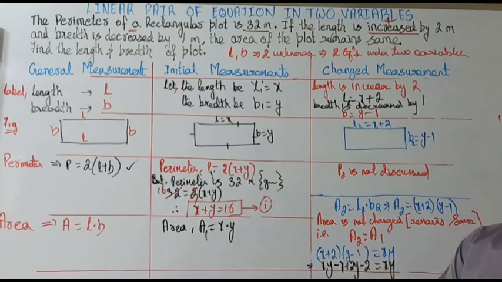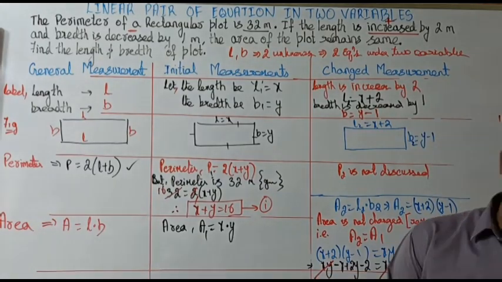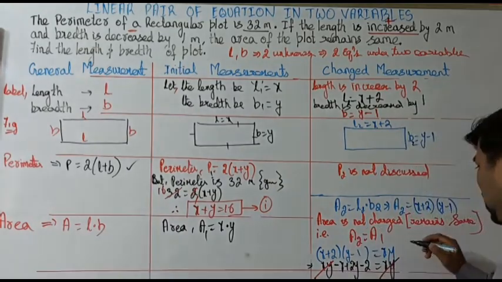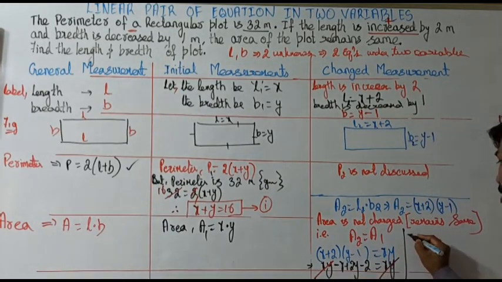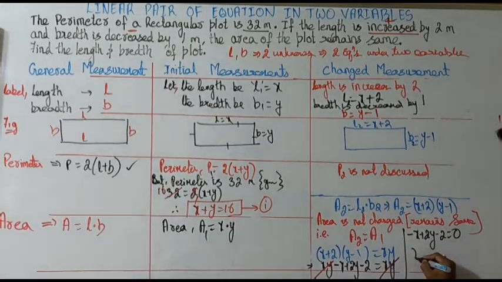Now if you check, xy on both sides gets cancelled. What is left over? Minus x plus 2y minus 2 is equal to 0. Now you convert it into the form of an equation: x minus 2y plus 2 is equal to 0. If you check what we have done, I have changed all the signs.